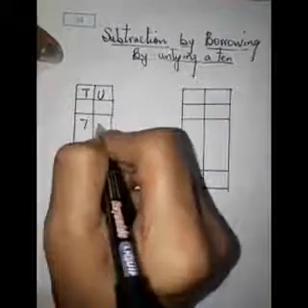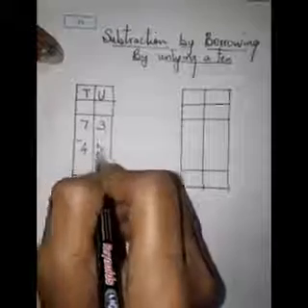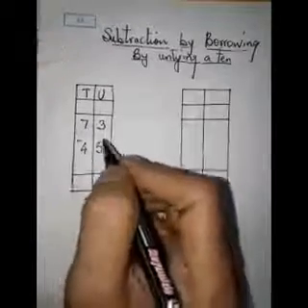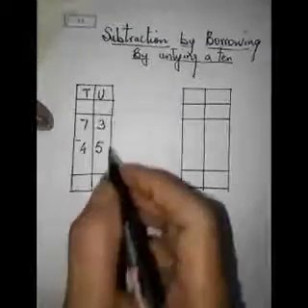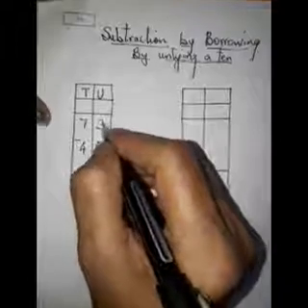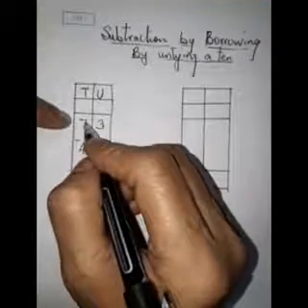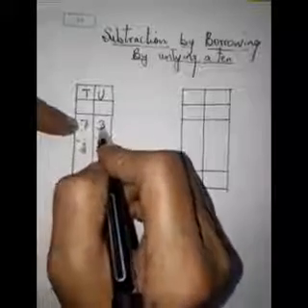The next sum, 73 minus 45. We can't subtract 5 from 3. 3 is a smaller number. So we take 1 ten from here.